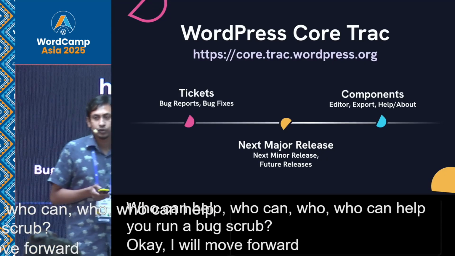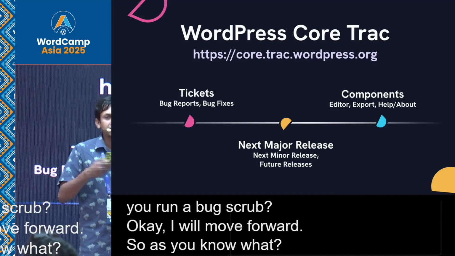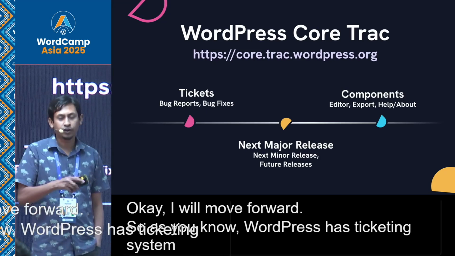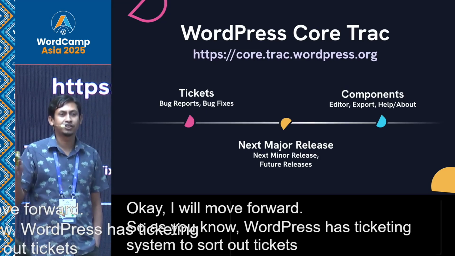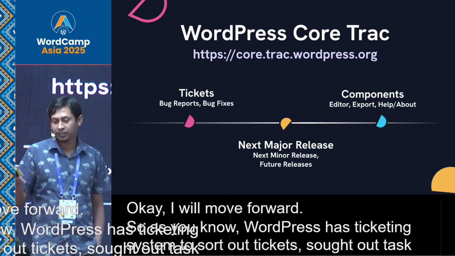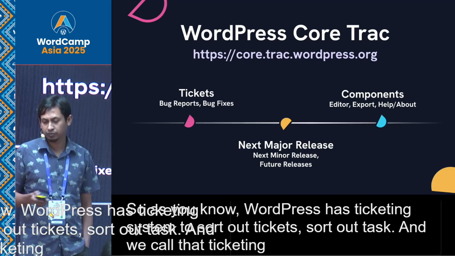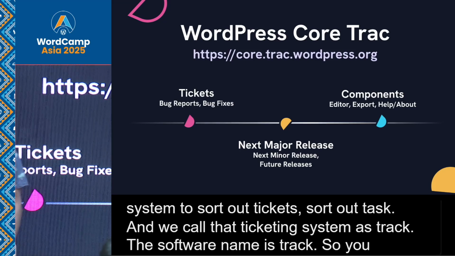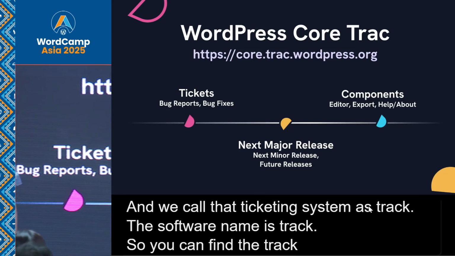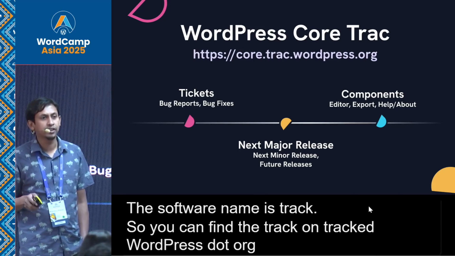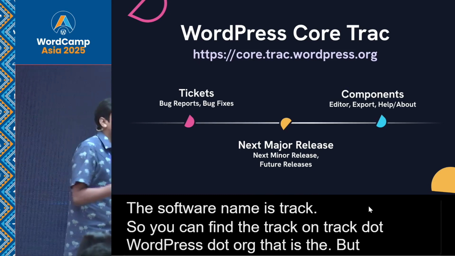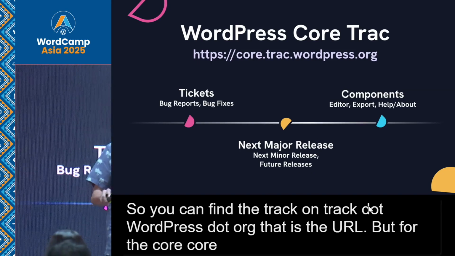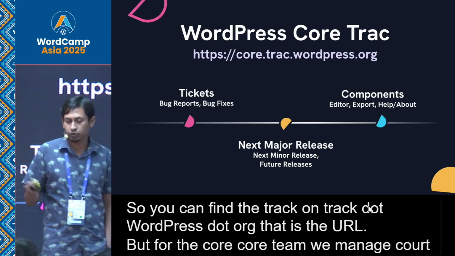As you know, WordPress has a ticketing system to sort out tasks, and we call that ticketing system trac. The software name is trac. You can find trac at trac.wordpress.org. That is the URL. But for the core team, we manage core.trac.wordpress.org.